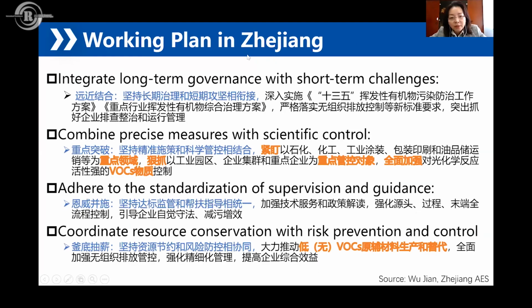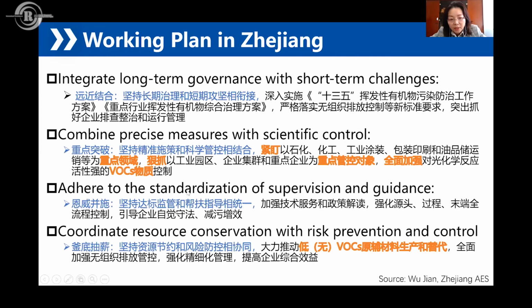In Zhejiang province, they also implement 4 key tasks. The first is long-term governance together with short-term challenges, with a focus on VOC control. The second is to combine precise measures with scientific control. They pay key attention to the petrochemical and chemical industry, as well as painting, solvent use, and oil storage and transportation.